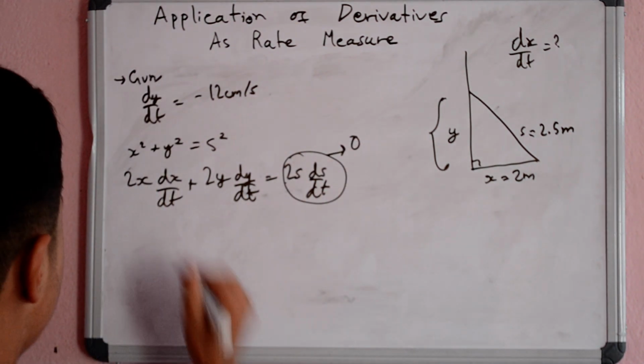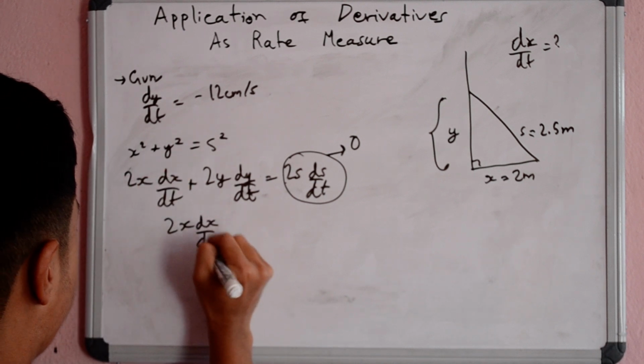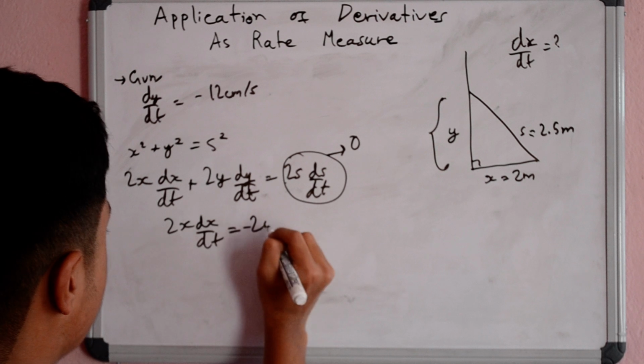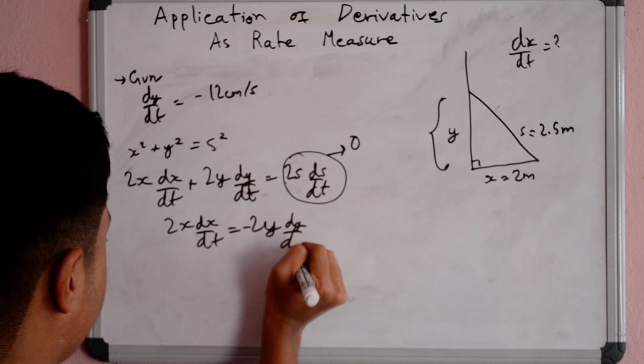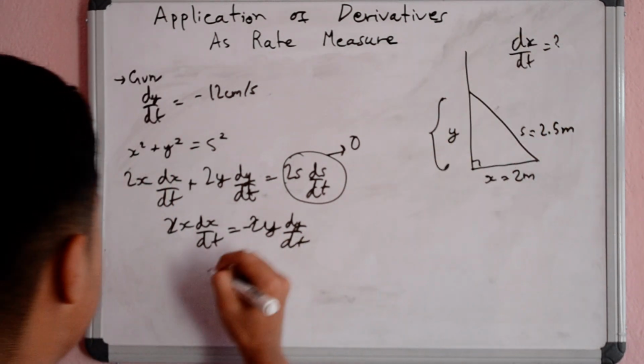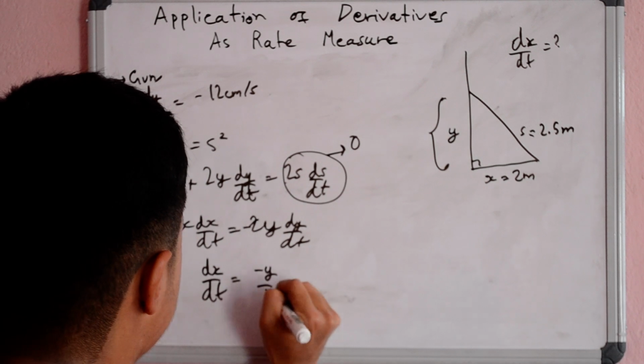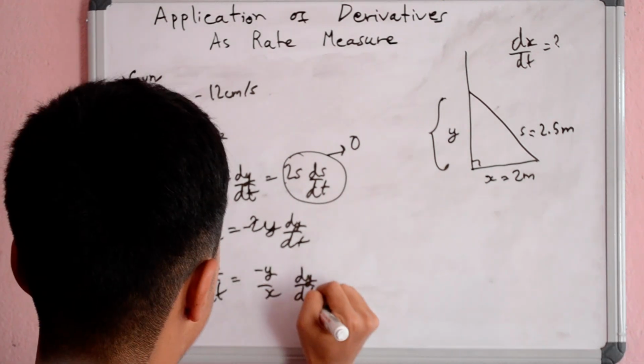So in fact we have 2x dx by dt is equal to minus 2y dy by dt. 2 cancels, and we require dx by dt. So from here, dx by dt is equal to minus y by x dy by dt.